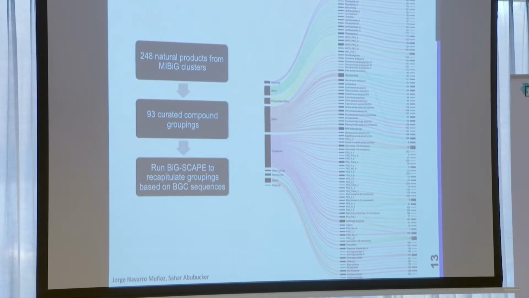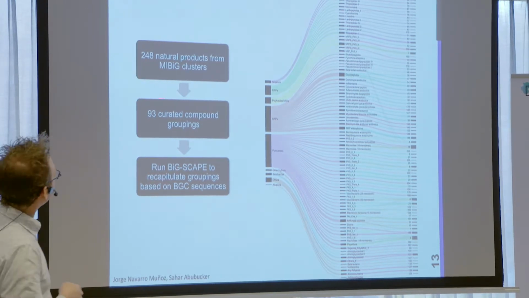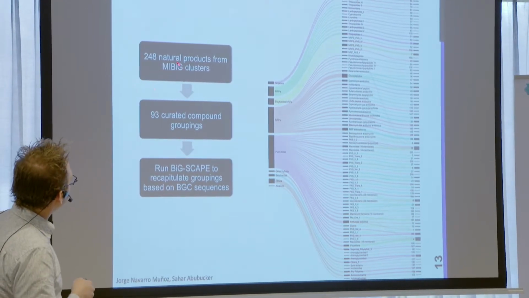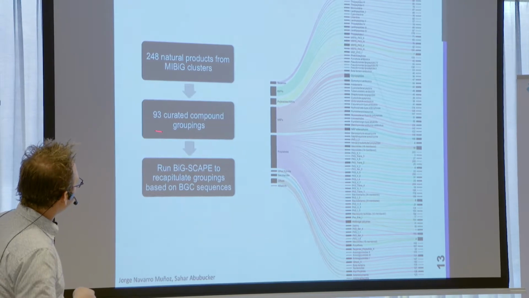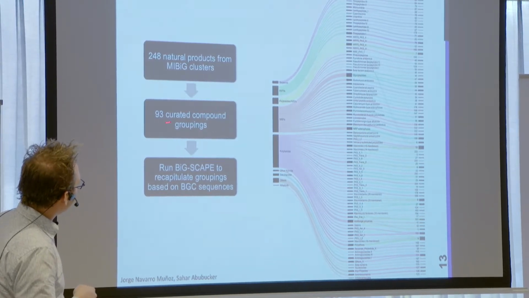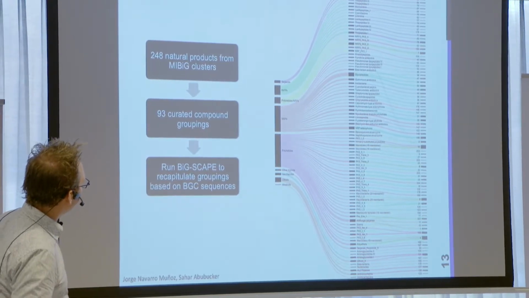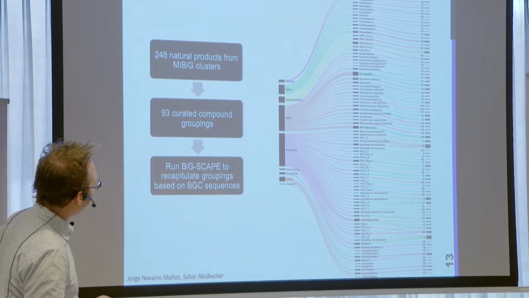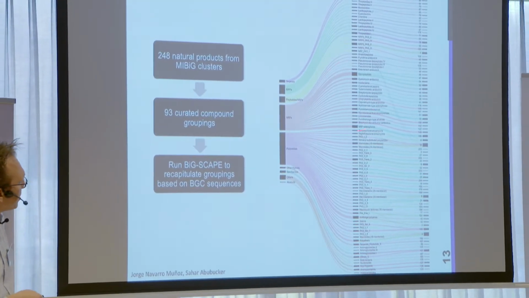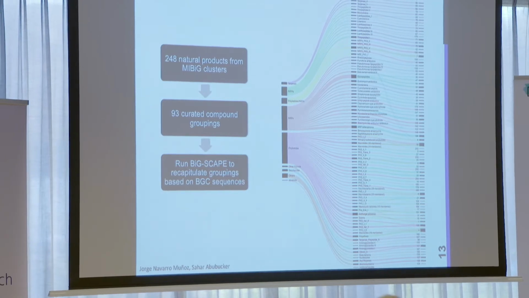So we validated this, of course, on a large scale by looking at 248 natural products from MI-big clusters that we could group, based on literature, into 93 curated groupings. And we saw that Bigscape was able to accurately recapitulate those groupings.